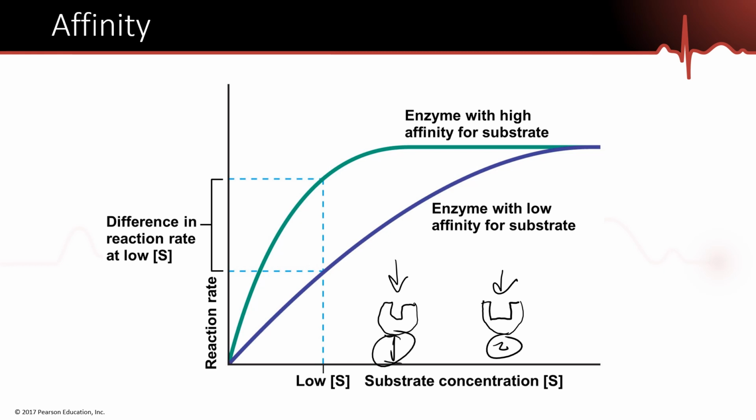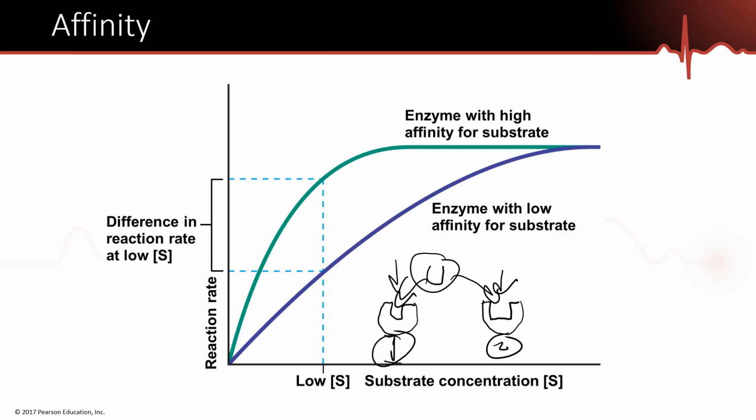Okay. The shape of the substrate actually looks like this. Okay. So which enzyme is the substrate going to fit into better? Of course, number 1 compared to number 2. I tried to draw it so that it looked like it was the shape of the active site of enzyme number 1 more so than number 2, if you're wondering.